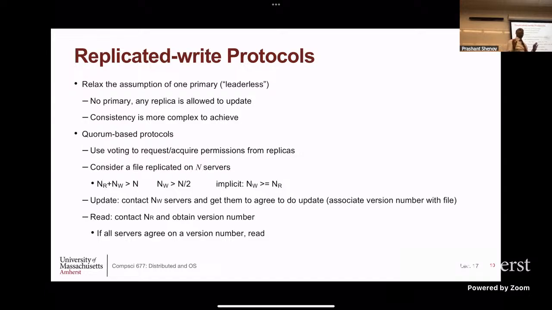Okay? So how do you design a technique where the writes are not going to all of the machines? Until now, we said writes are going to all of the machines. But now we will relax that assumption. There is no leader. We will send the write to only a subset. Okay? And we'll still guarantee that the read can never return outdated results.